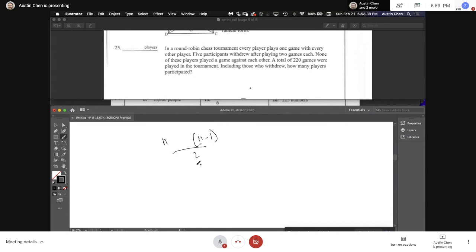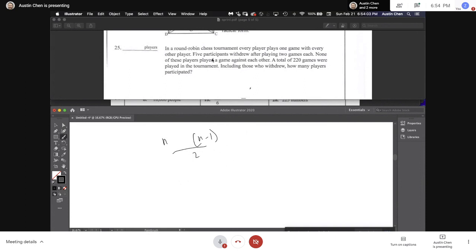But the people that they played against are not going to be affected, right? Because they're still going to play against every other person. They just played against an extra person, but they're still going to play against every other person. So basically, we're still going to count this n times n minus 1 over 2.